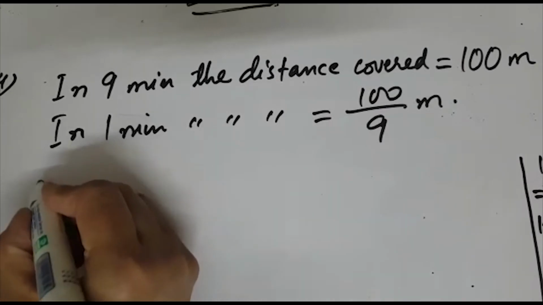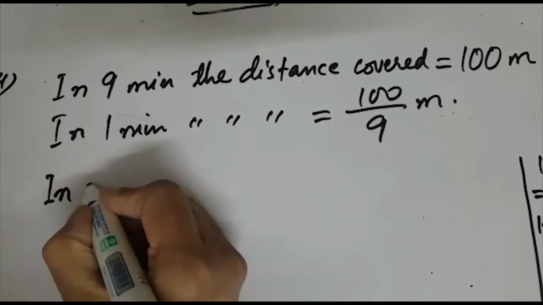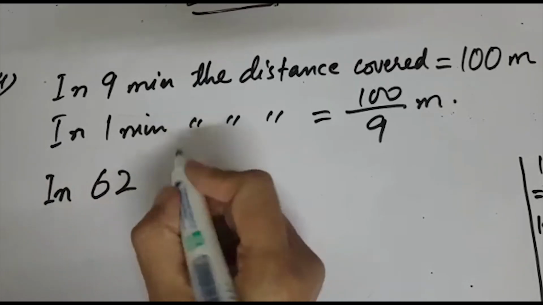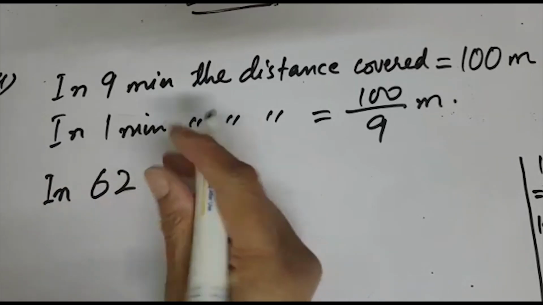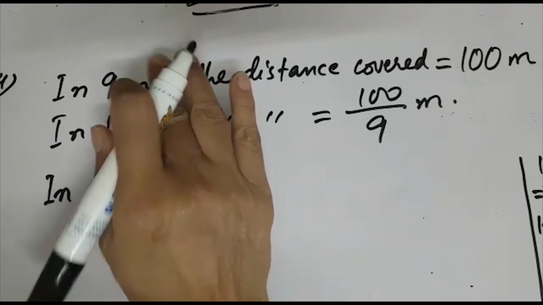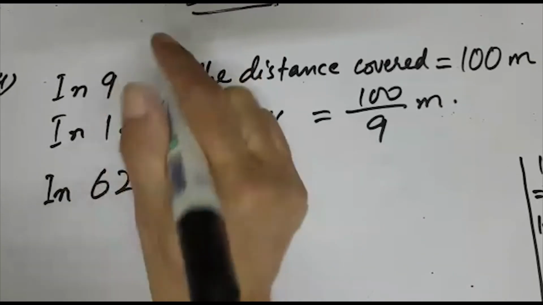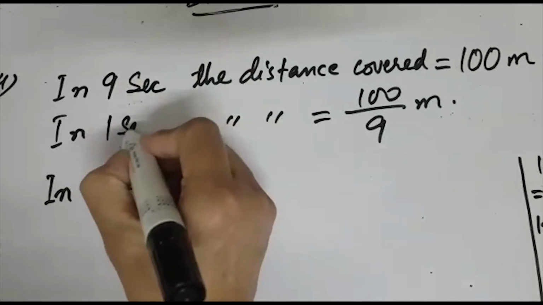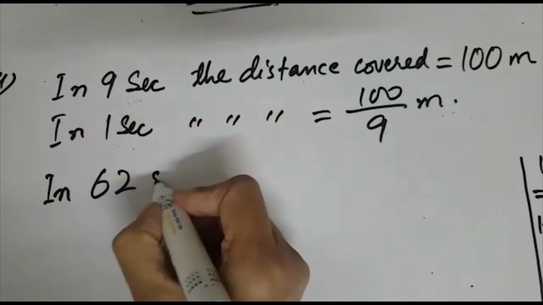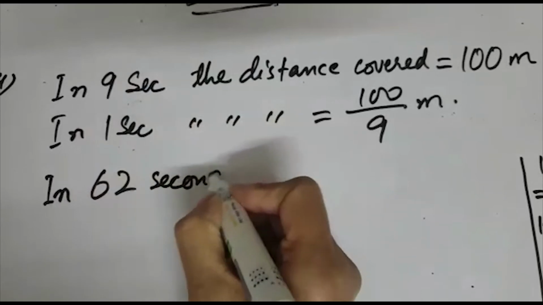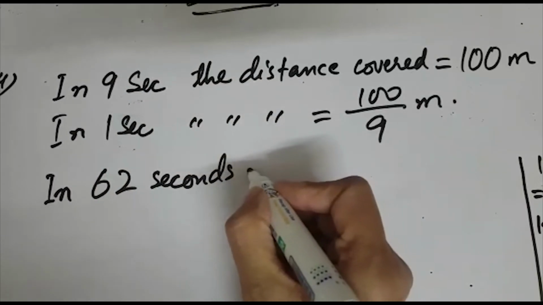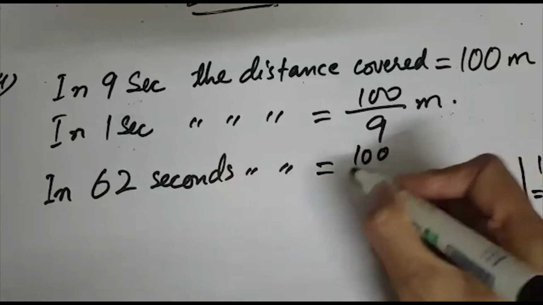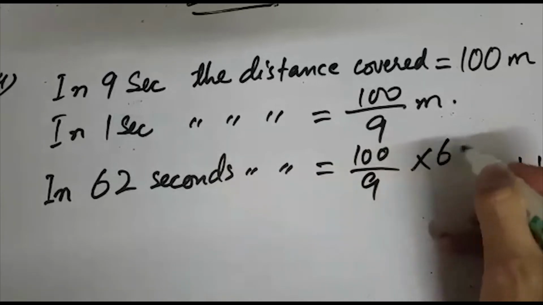Then you have to find out for 62 seconds. So in 62 seconds, the distance covered by the fastest man is 100 upon 9 multiplied by 62.